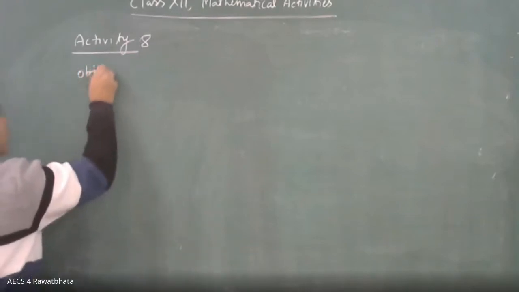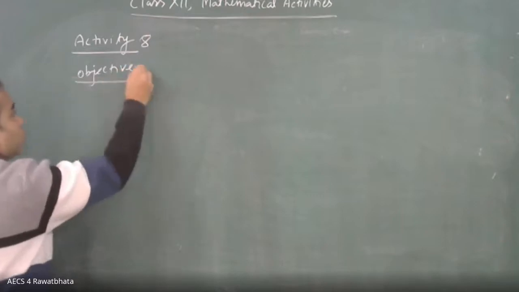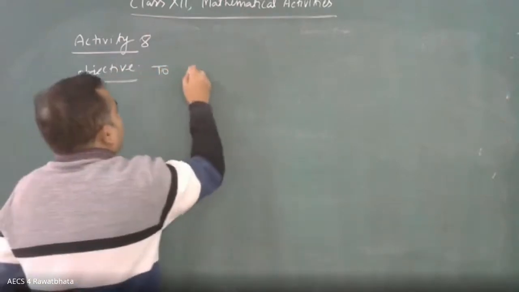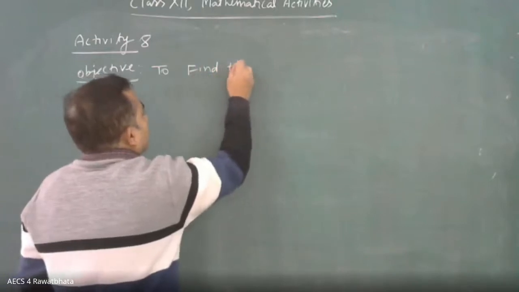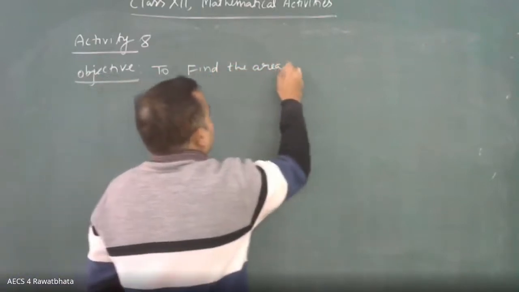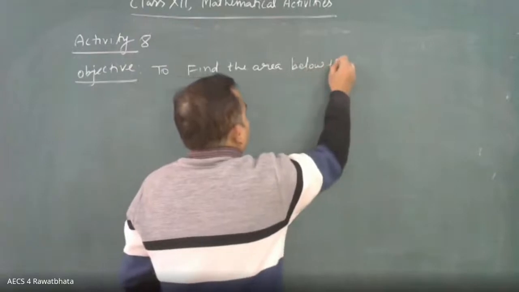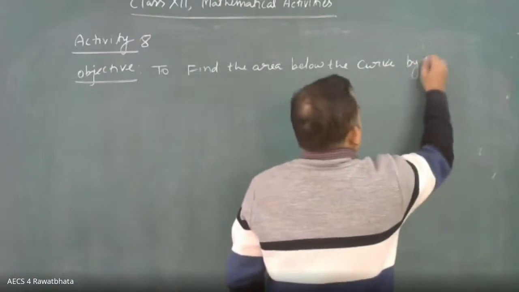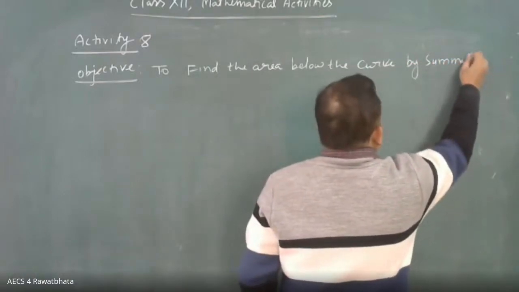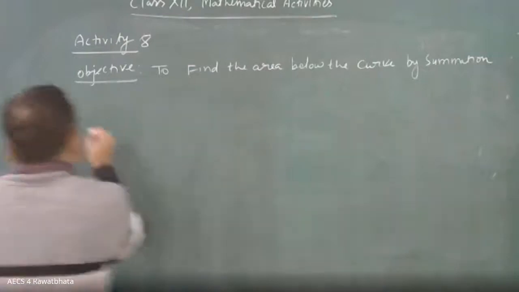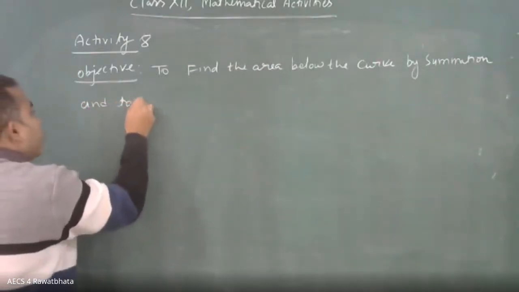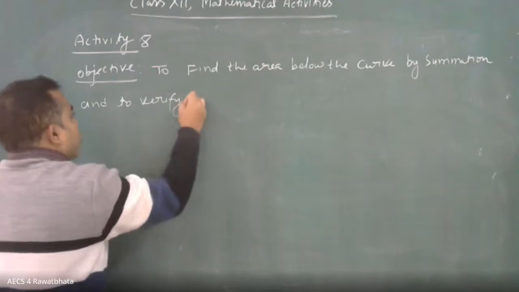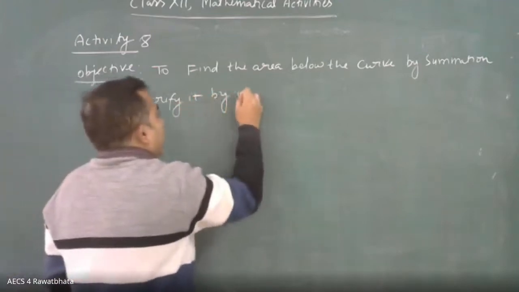Activity number 8, and the objective is to find the area below the curve by summation and to verify it by integration.